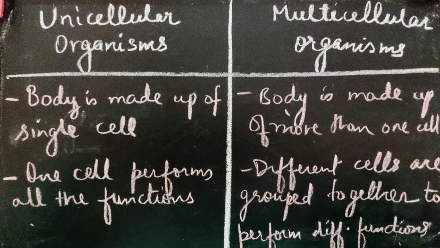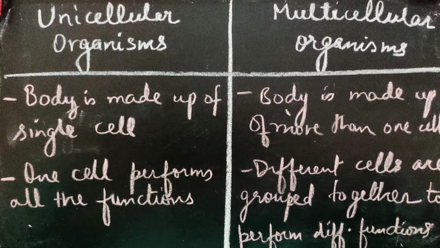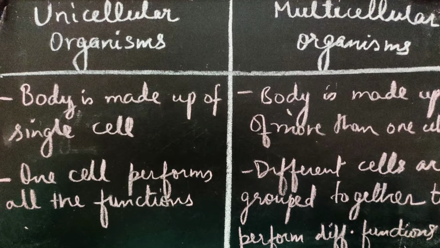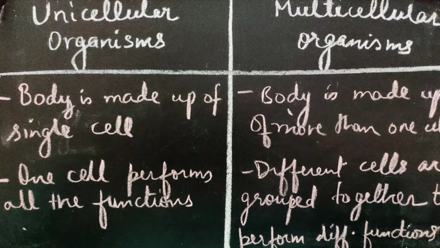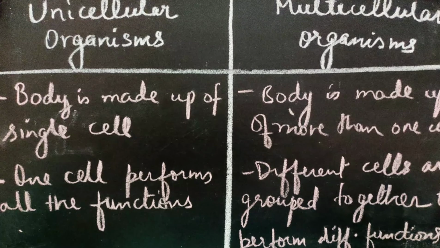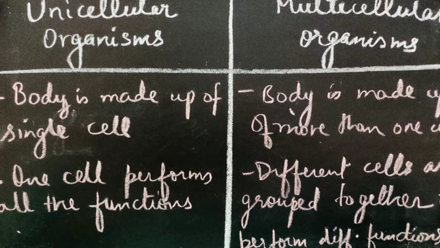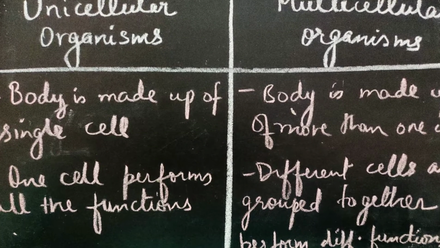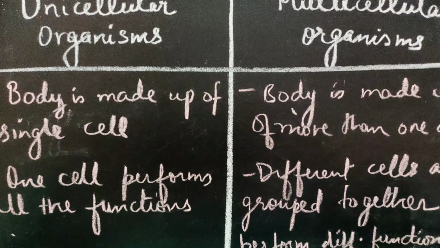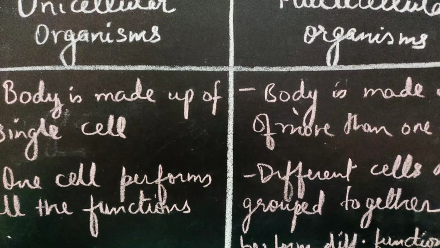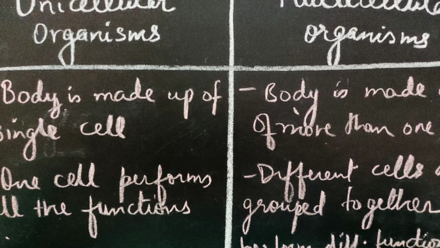Unicellular organisms, as the name indicates, their body is made up of a single cell, whereas multicellular organisms are made up of more than one cell. Secondly, in unicellular organisms, one cell performs all the functions, whereas in multicellular organisms, different cells are grouped together to perform different functions.